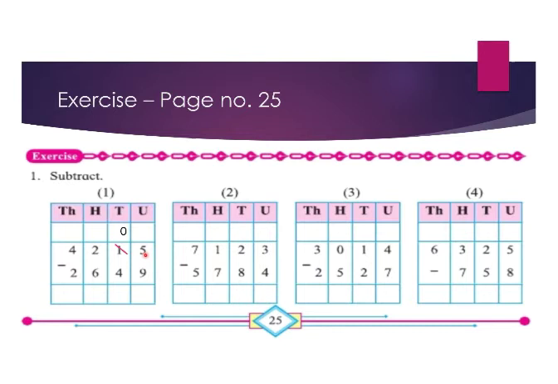We will borrow from the tens. Once we borrow from the tens, it becomes lesser. So immediately write 0 here, because if we reduce 1 by 1, it becomes 0.